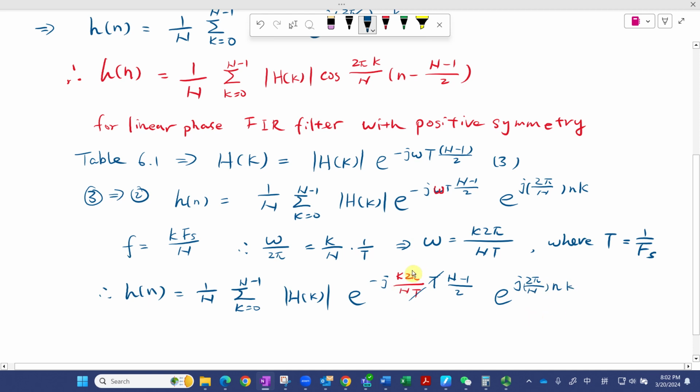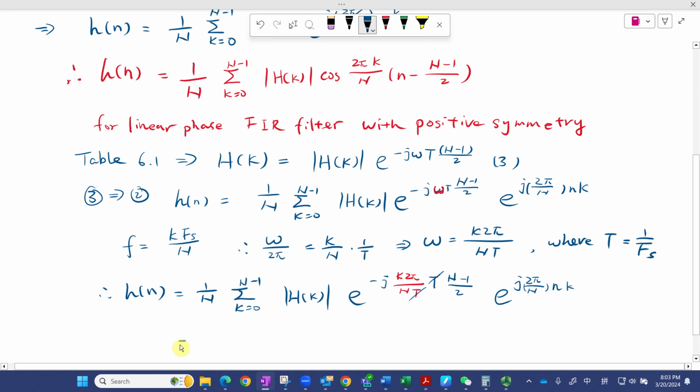We just changed the omega here because they are multiplied together, and you can see here's a 2 pi over N, here's a 2 pi over N. Then we can take the j 2 pi over N out. This one becomes a negative N minus 1 over 2, and what's left here is just n. Sorry, we can take the k out as well.